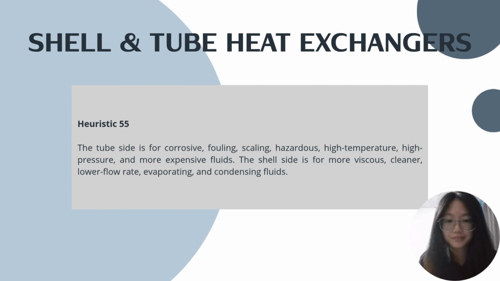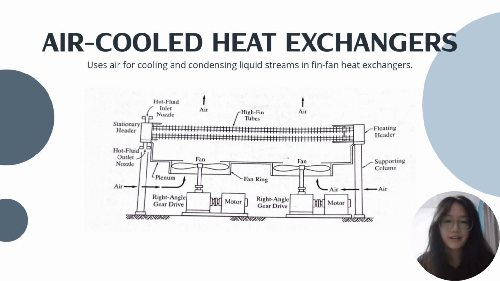After that, we have air-cooled heat exchangers, which use air for cooling and condensing liquid streams in the fin fan heat exchangers. So, how does this work? Firstly, the hot fluid will go into the hot fluid inlet nozzle, into the stationary header. Here they will pass through the high fin tubes, where the fin tubes provide a large surface area for heat dissipation.